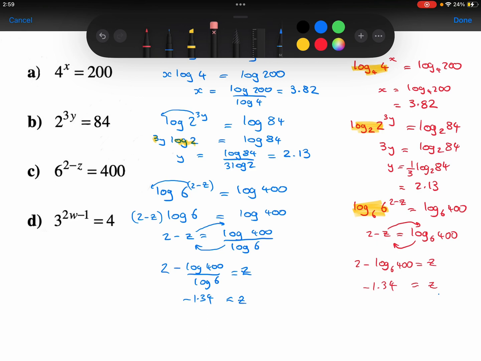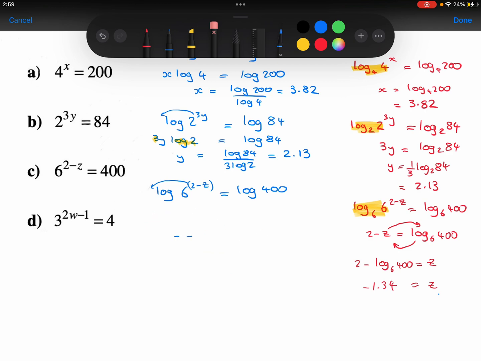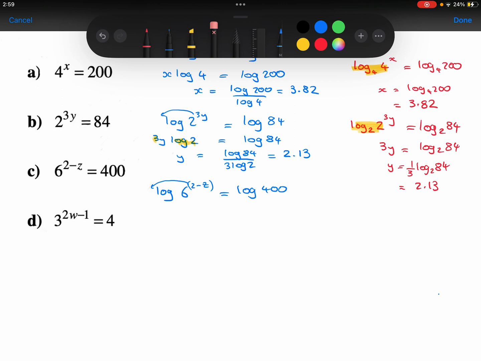Moving on to part D now. So let me just get myself a bit more space. Again, I will show you both methods for part D. So, taking logarithms of both sides. Using the laws of logarithms to bring the 2w minus 1 down. Making sure you keep that in brackets for now.